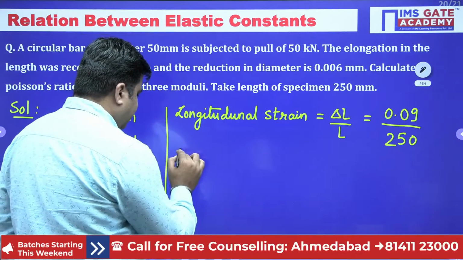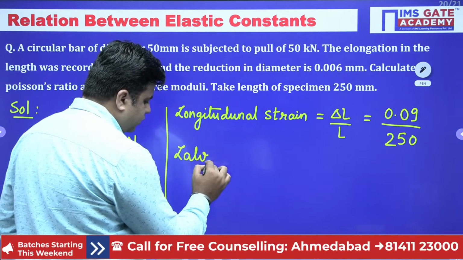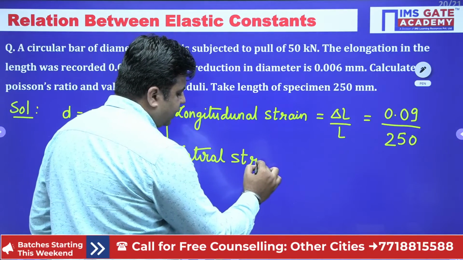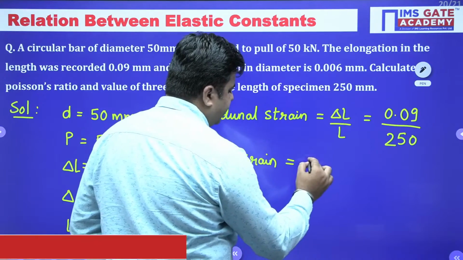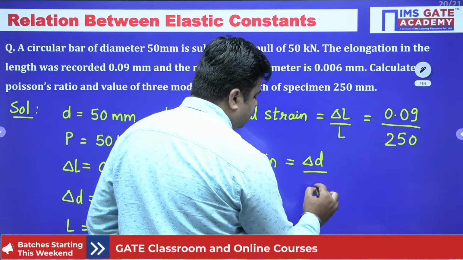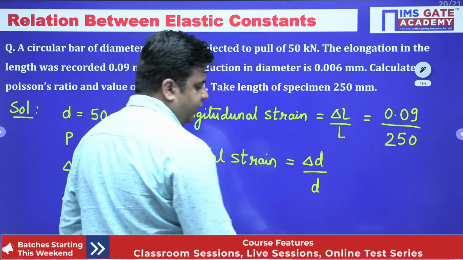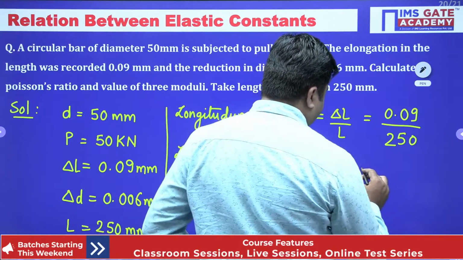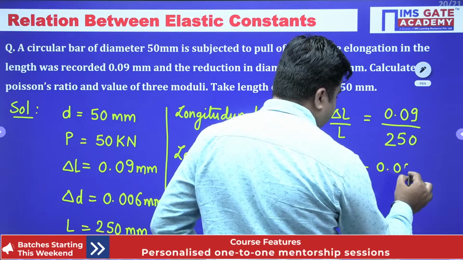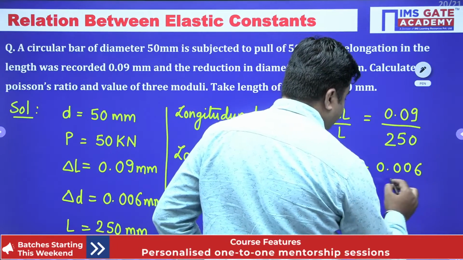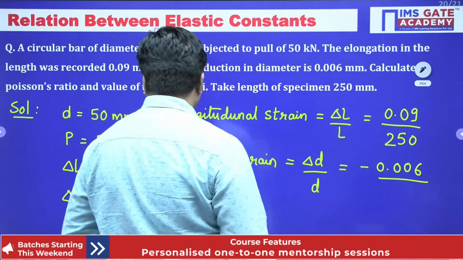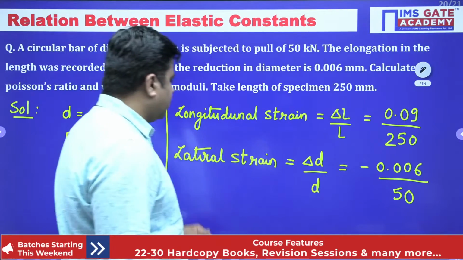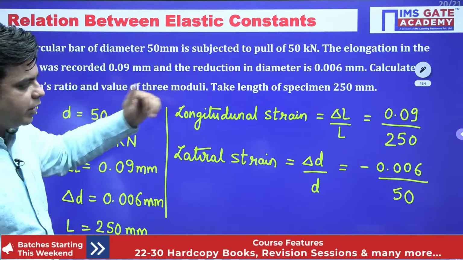Next is lateral strain, and lateral strain is nothing but the change in diameter delta D to the original diameter D, delta D by D. So delta D is given to us as minus 0.006, this is the reduction in diameter, and the original diameter is given as 50 mm. So this is your lateral strain and this is your longitudinal strain.